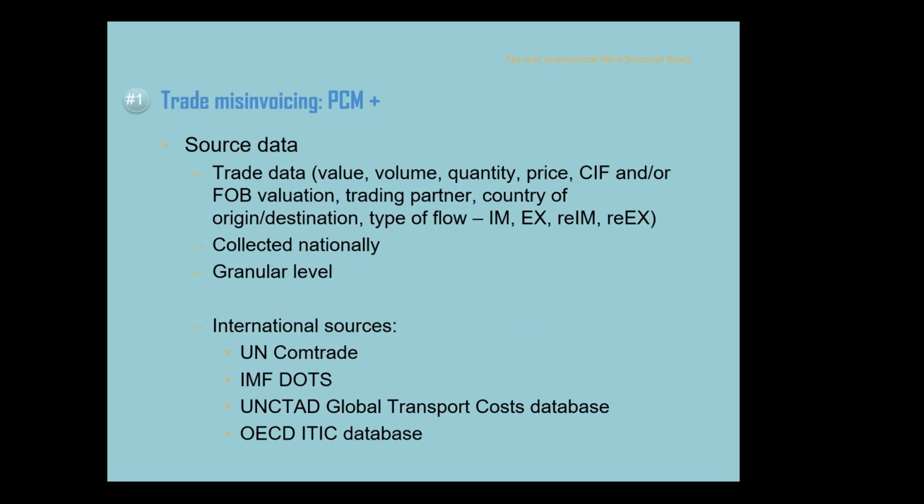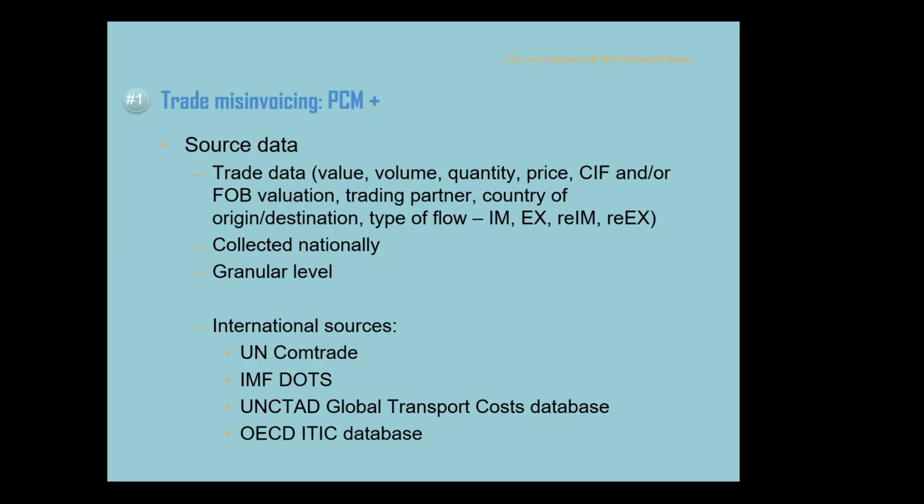In some cases, when it is not possible to obtain any other data, we could also use the rest of the world category, so exports and imports to the rest of the world. However, as mentioned earlier, whenever we use nationally available and collected data, this would not be the case. We would always know who our trading partners are. So it is important that we have the analysis done at the level of trading partners as well.